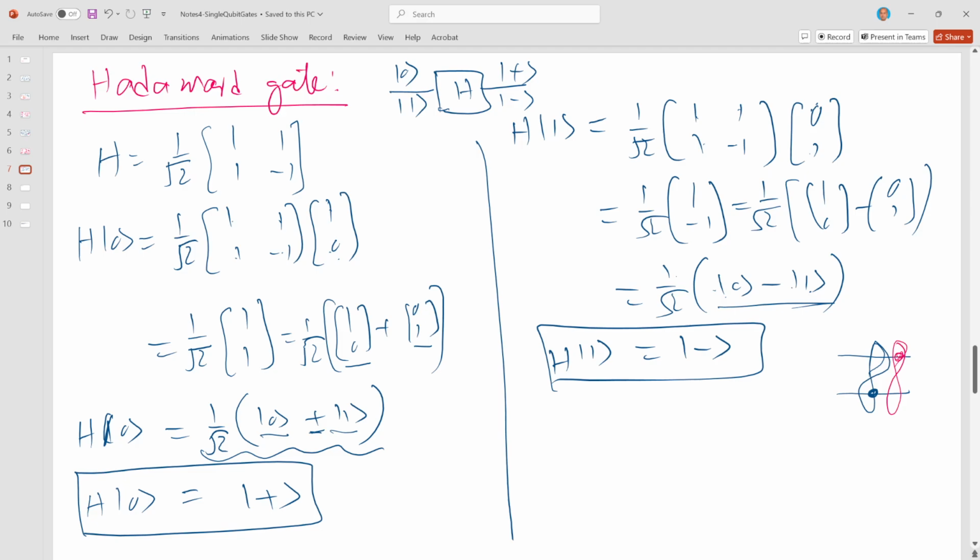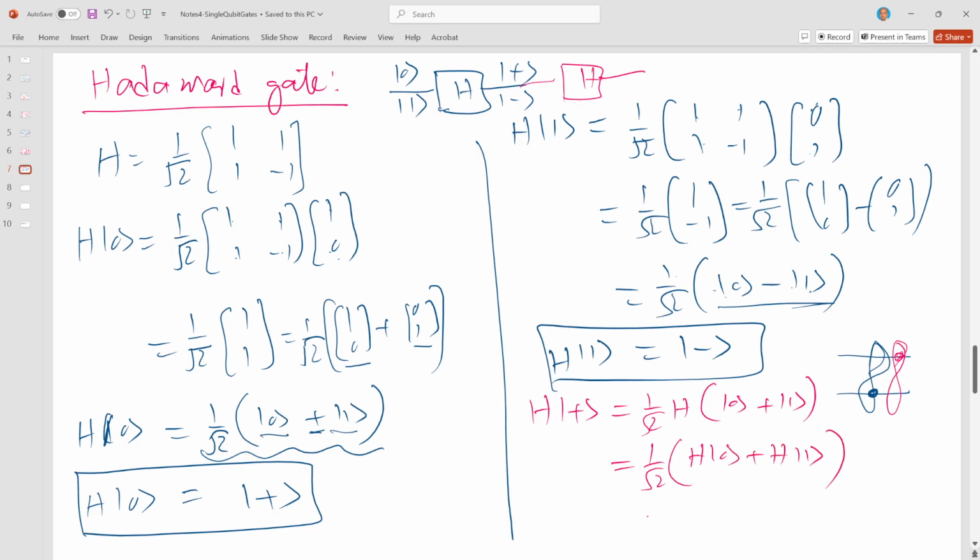And let's see, by the way, what happens if you apply the Hadamard gate again. Suppose I apply Hadamard gate back. So let's say if I apply Hadamard to plus state, then that means I have to apply Hadamard to 0 and 1. So this becomes Hadamard on 0, Hadamard on 1. And Hadamard on 0, we already know what happens. It's here. So this becomes 0 plus 1.